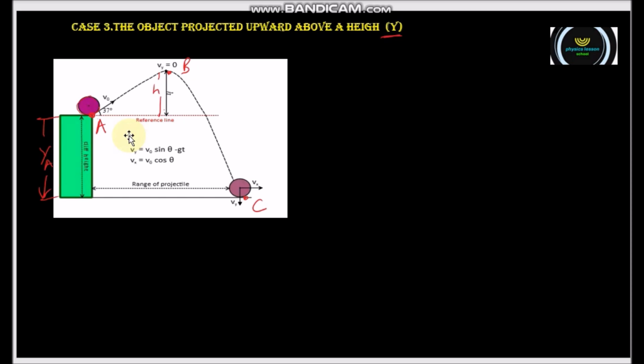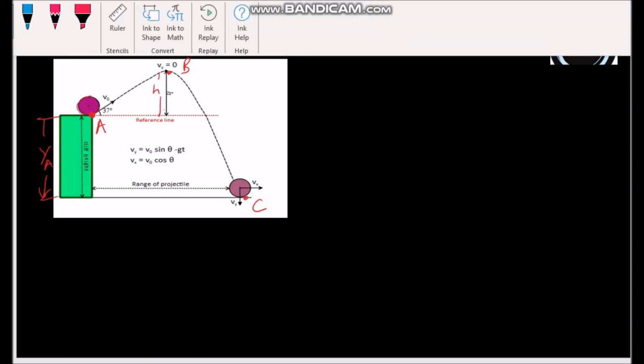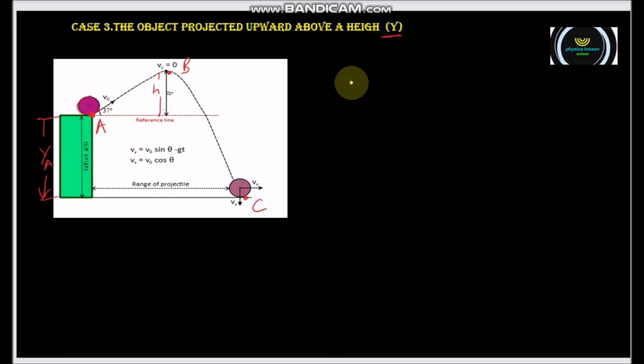Now let us see the time. How can we find the time? You know, in our kinematics, the displacement is equal to the initial velocity times t plus 1 over 2 a t square.